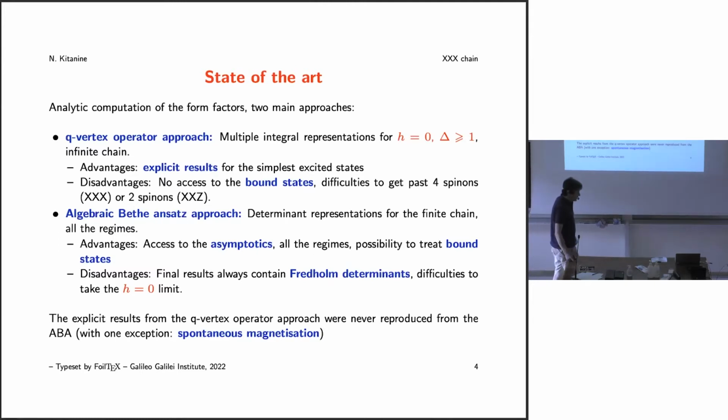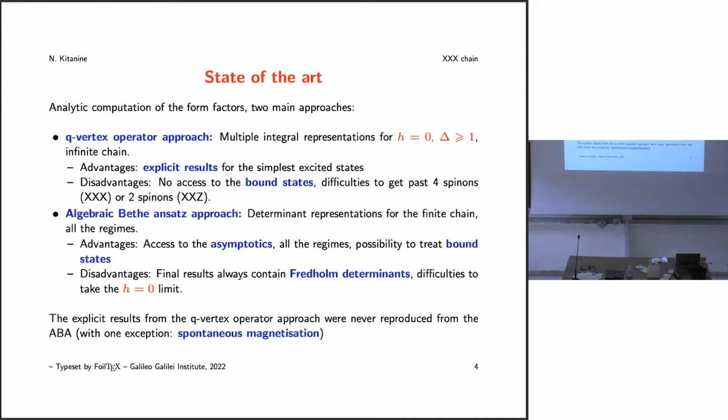So there are, however, many things you can do and you cannot do. For example, there is a possibility to do some work also for massless XXX, but it immediately turns out to be completely difficult and not a very natural approach for the massless XXX, the q-vertex operator approach.